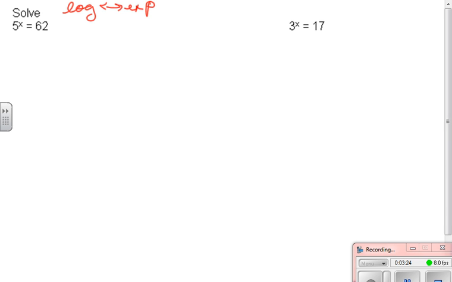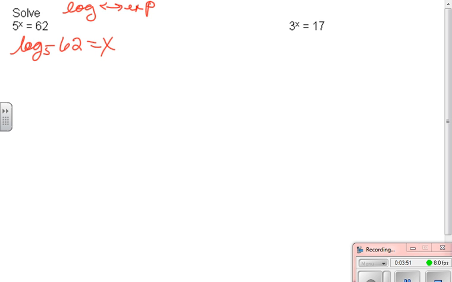So since I have term equals term, let's go ahead and rewrite this as a log. So we're still using our same formula we've been using since 10.2, so we really are talking about log base 5 of 62 equaling x. That's great, but I can't calculate log base 5 of x.